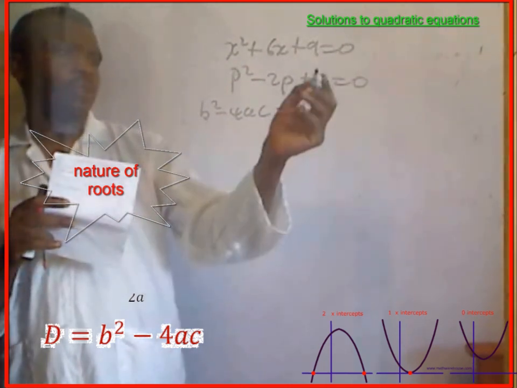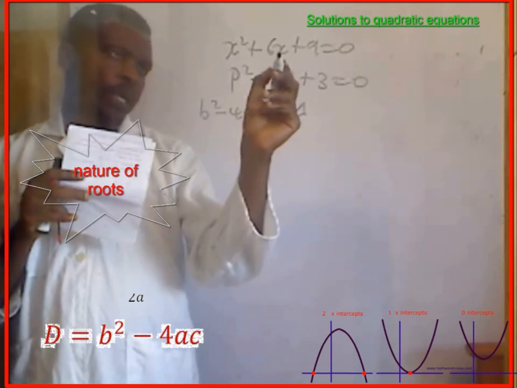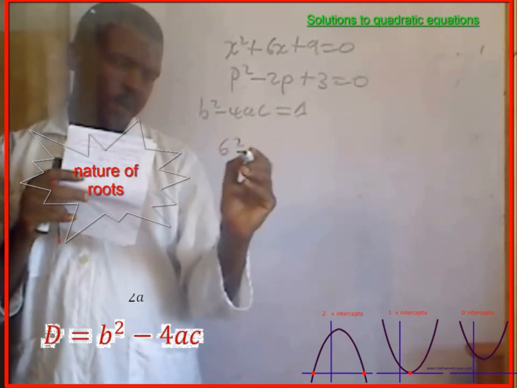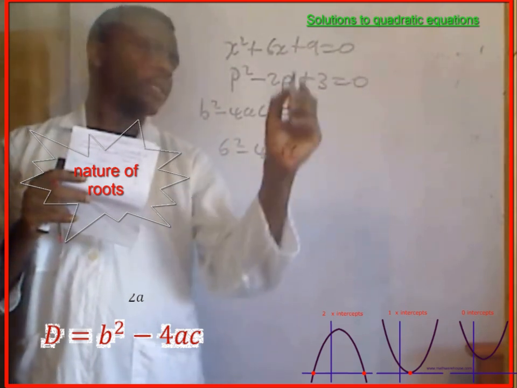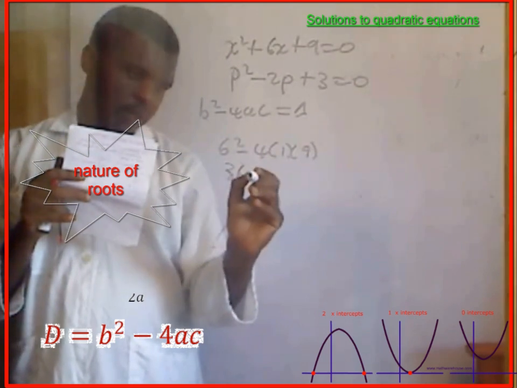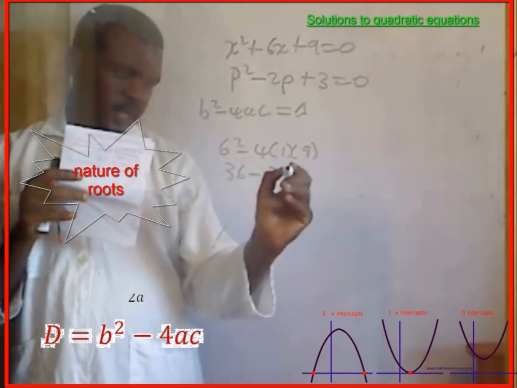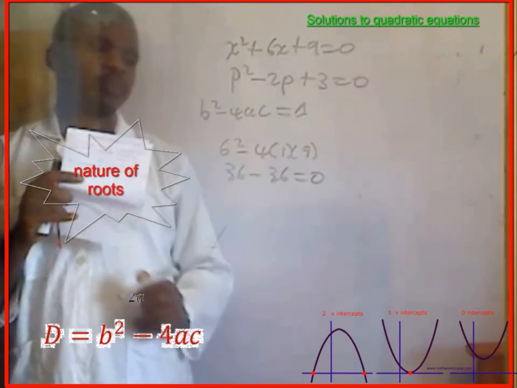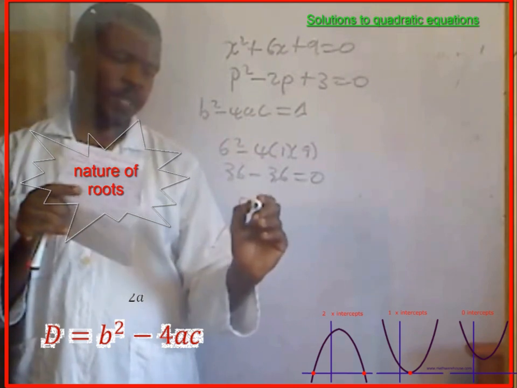So now, what is the discriminant here? I'll have b squared, that is 6 squared, minus 4 times a, which is 1, times 9. So this is 36 minus 36, which equals 0. So this tells me that I'm dealing with repeated roots.